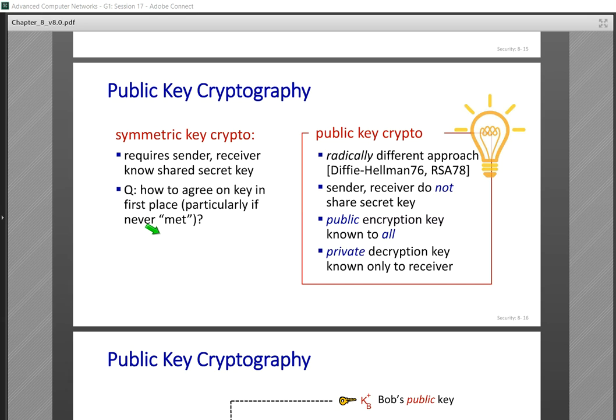You can find it easily. The other key is the private key.